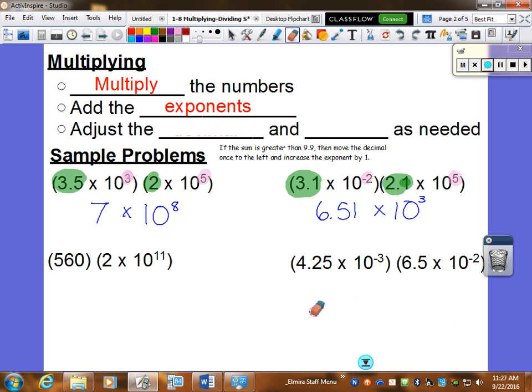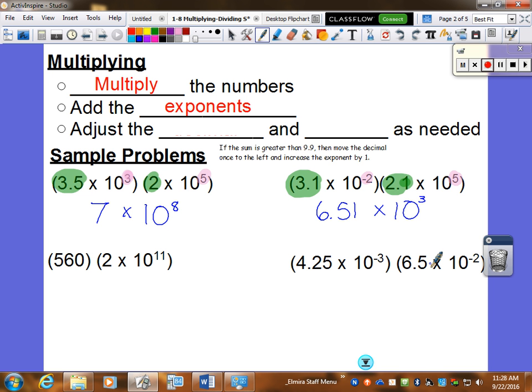What I want you to notice is that none of these problems have any sign between the parentheses. So when two parentheses touch like that, it doesn't need a sign. We know that it means to multiply, and your calculator knows that too. So you can just type in everything the way that you see it.